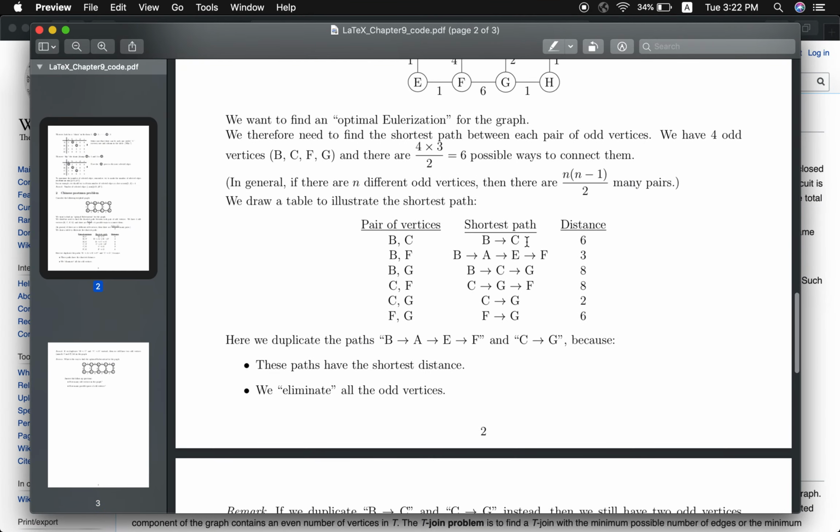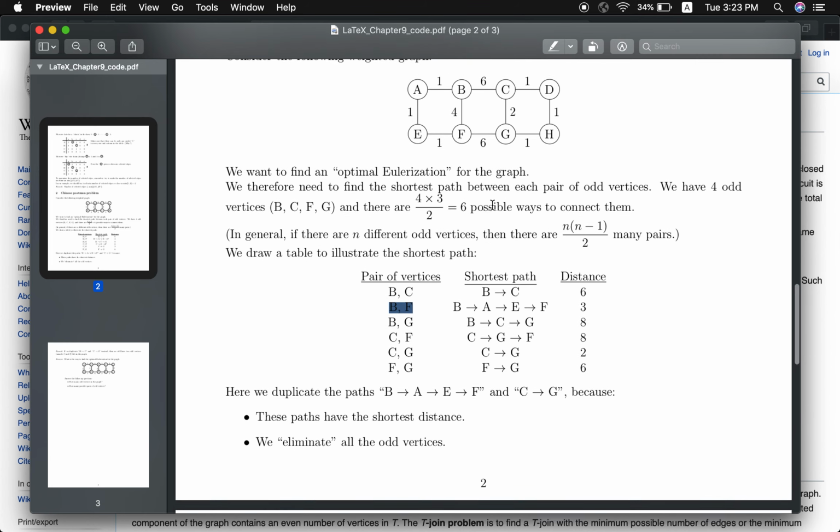For some reason you try to pick B to C, and also you pick the path B to F. Then you will duplicate the edges linking to B.